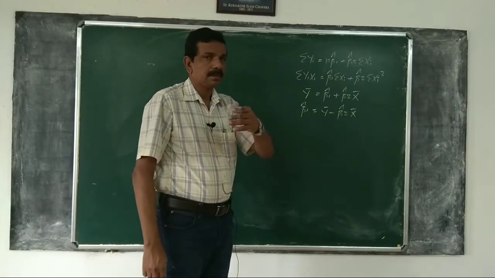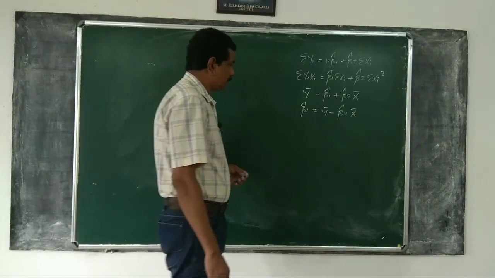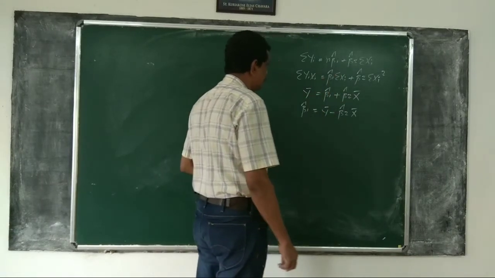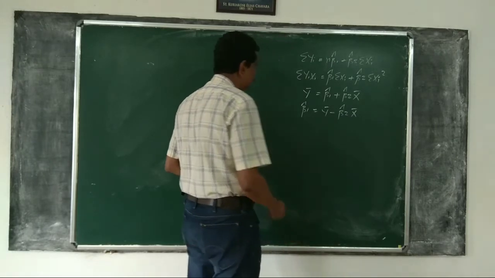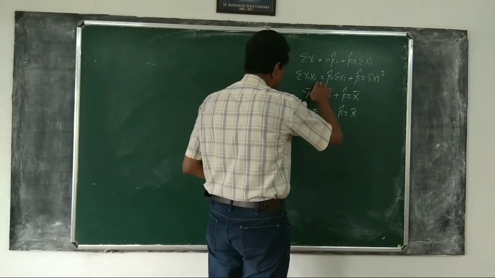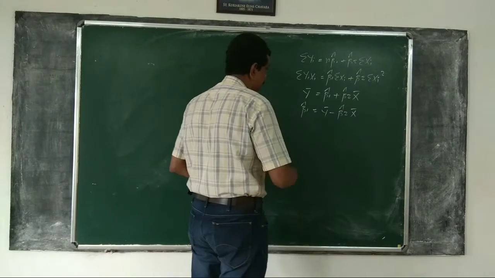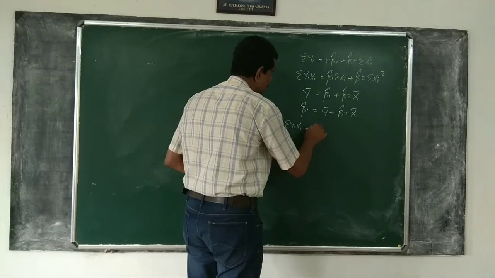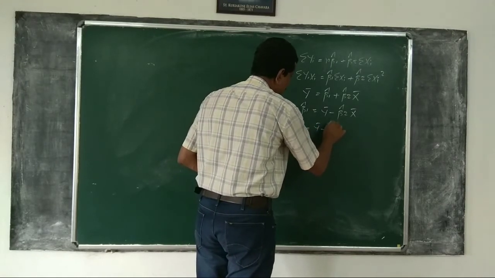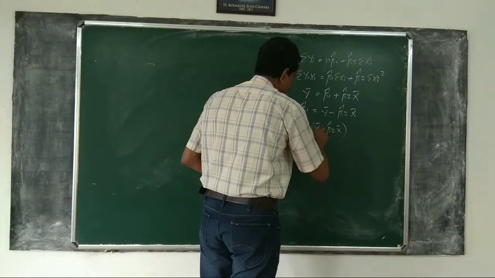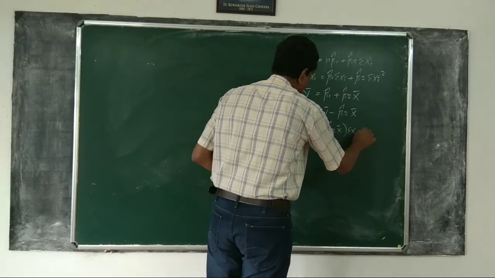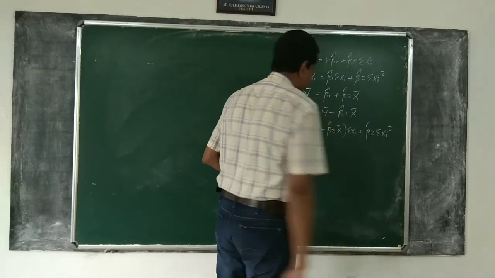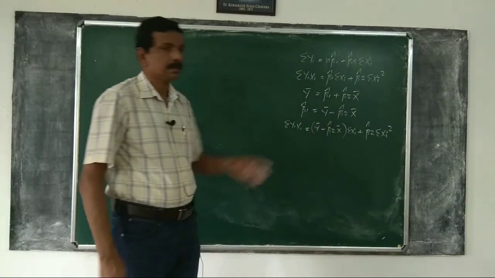Now substitute the value of beta 1 hat in the second equation. That will give us sigma yi xi equals (y bar minus beta 2 hat x bar) into sigma xi plus beta 2 hat sigma xi square.